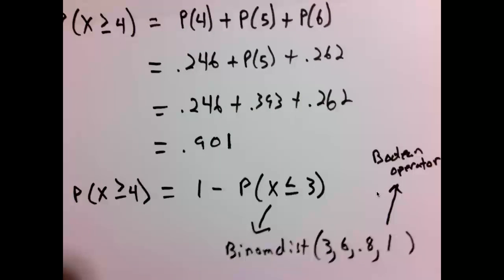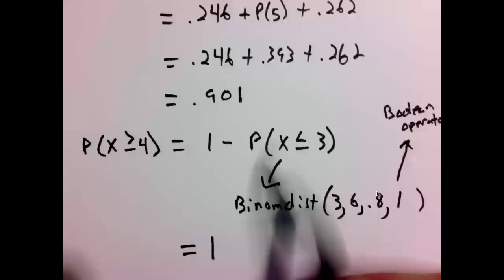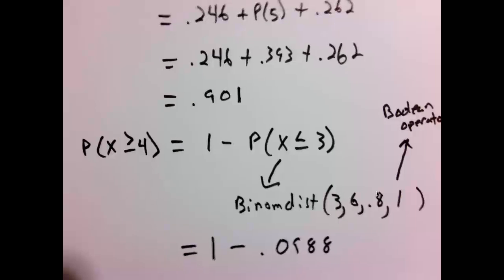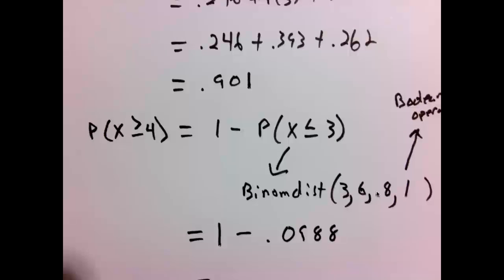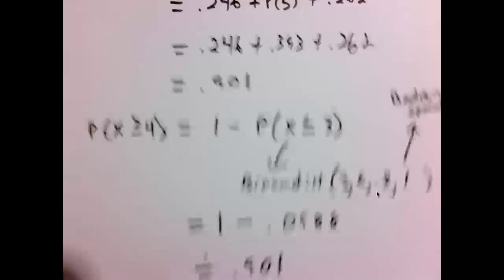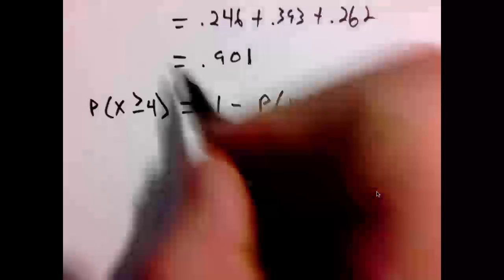So we still have our 1, but this factor here was 0.0988. If we subtract 1 minus 0.0988, you're going to see that is 0.901. And indeed, this was the same as this.